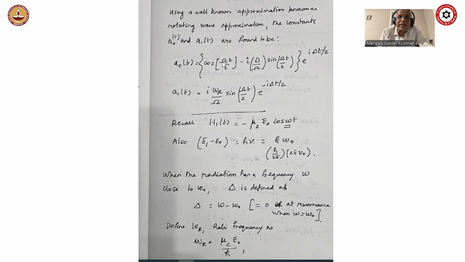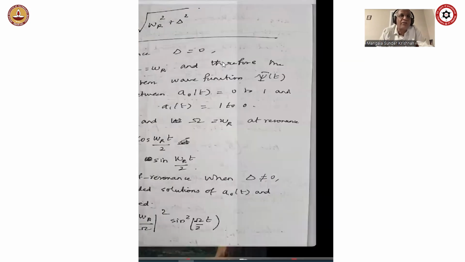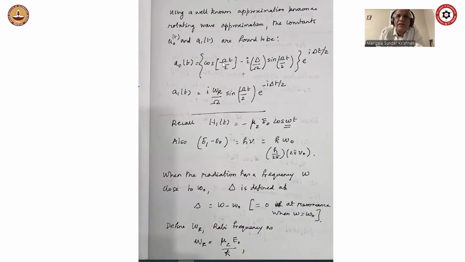Omega is in the next slide. It is the square root of the Rabi frequency squared plus delta squared. So if delta is 0, this omega is nothing but the Rabi frequency. Now you see why that number is important. When delta is 0, this is 1, this is 0, and this becomes omega r because the other delta squared is 0.